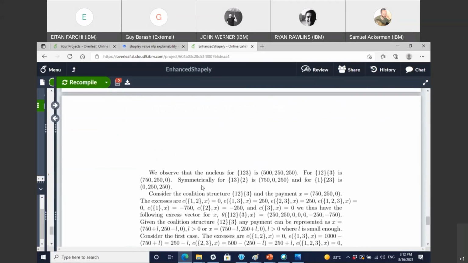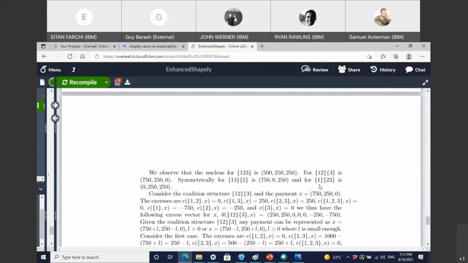Okay, so the other thing that you have in game theory is something that is called a coalition structure. A coalition structure is like a partition on the players. Like the coalition structure we just talked about is 1 going with 2, and 3 is left by itself.